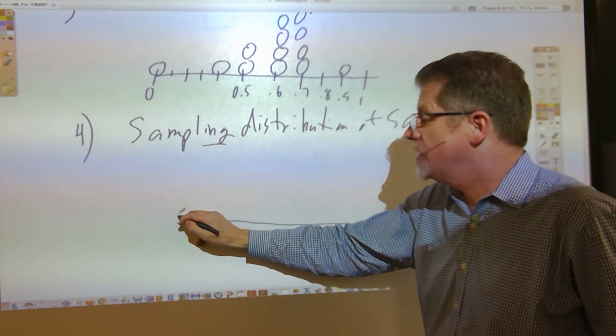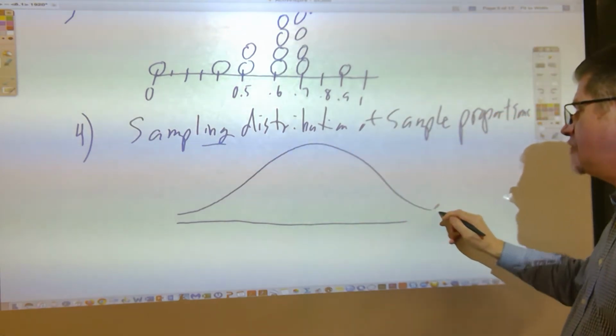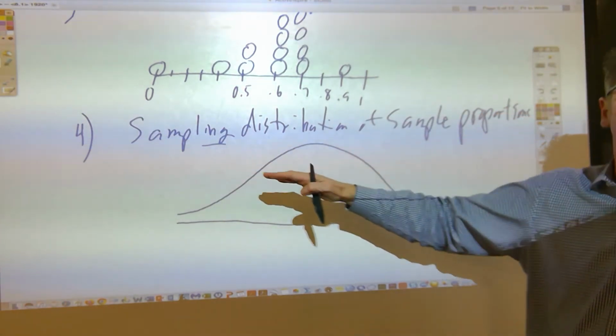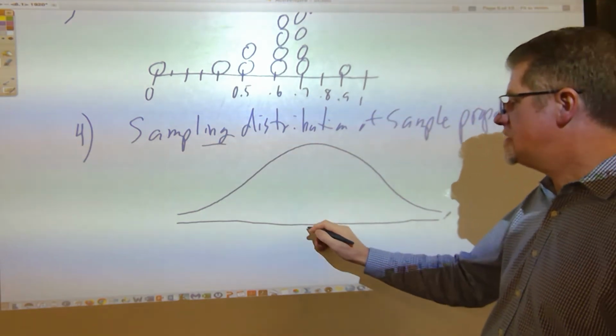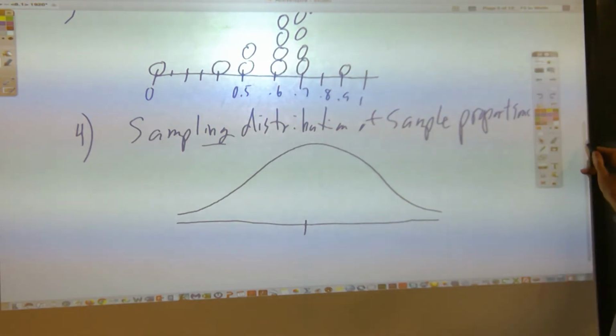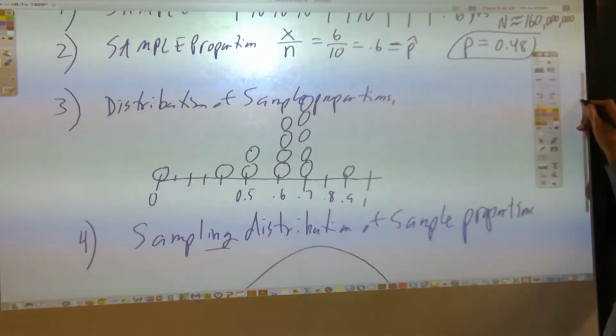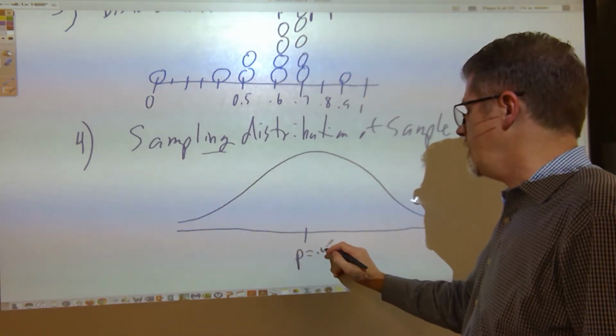It's an idea, it's theoretical. And so instead of a histogram, it's a smooth curve. And it has a mean, and that mean will always be the true proportion, in this case P, in this case 0.48.